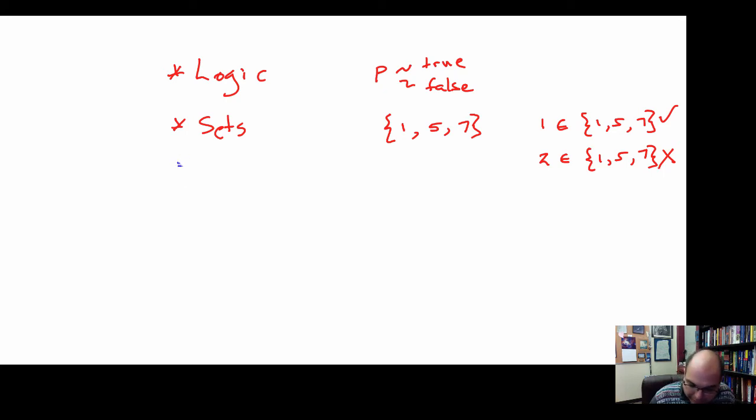We might also look at functions. Here, the functions that we're interested in are not functions like sine, because those take values from all over the place. We actually want functions that have some very small set of possibilities. So for example, the function might take the number 1 and translate it to 3.